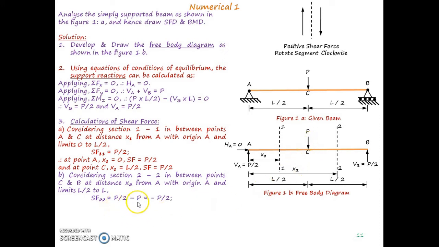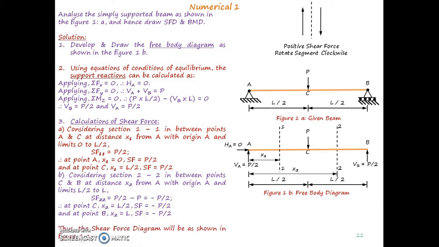So P by 2 minus P gives us minus P by 2. If we put these limits, shear force at C with x2 equal to L by 2 becomes minus P by 2. Similarly at point B, if we put x2 as L, as the x2 term is not there in this equation, shear force again gives minus P by 2.